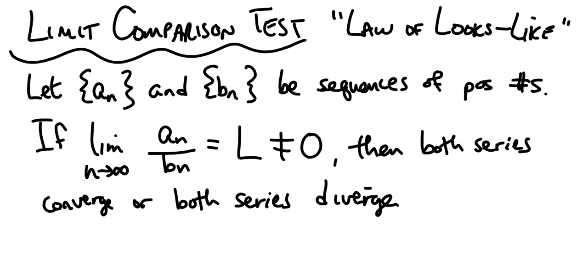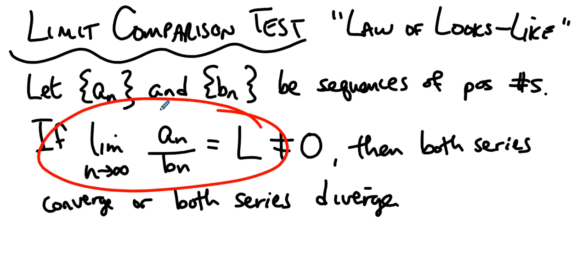Why? Well, it comes down to remembering what this means. If you take the limit at infinity of one over the other, and you get any number that isn't 0, it means that both series grow at the same rate. If we think about their associated functions, they would grow at the same rate.